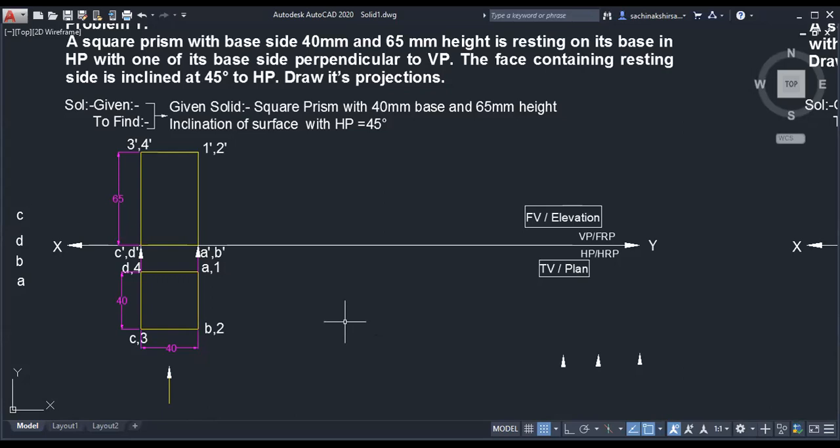Very good. In third angle method of projection, what is there in between observer and object? Plane. P means plane of projection. So this is the first step.